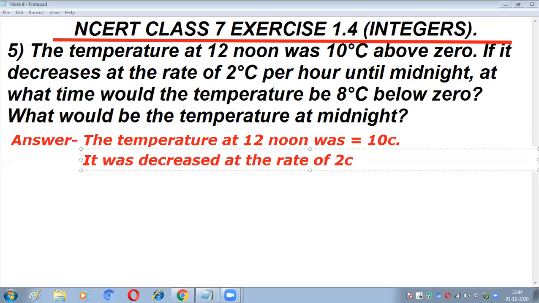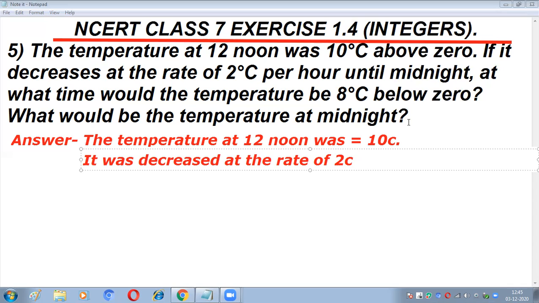That means the temperature at 12 noon, that means 12 p.m., was 10 degrees Celsius, plus 10 degrees Celsius, and then it is telling that it decreases at the rate of 2 degrees Celsius, that means minus 2 per hour until midnight. That means it is decreasing 2 degrees Celsius per hour until 12 o'clock at night.